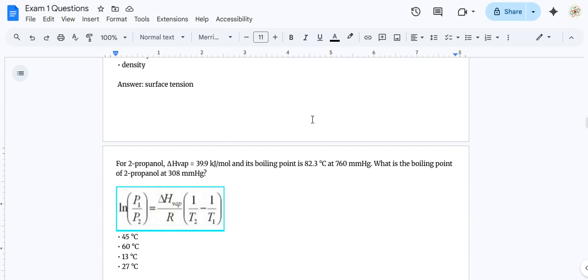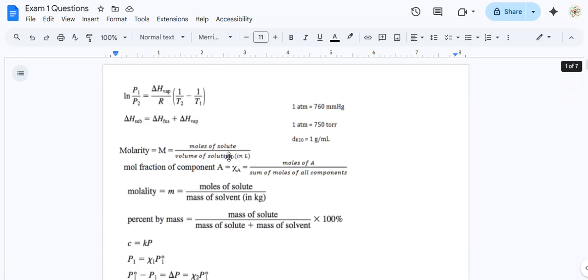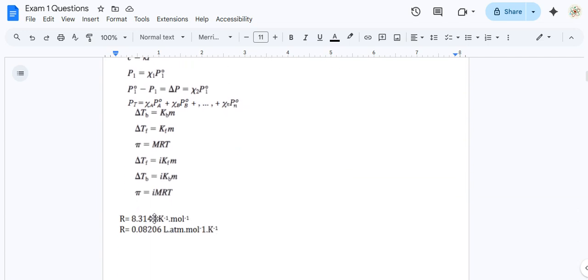I'm not going to work this question out with you, but what I would do is first convert this to joules per mole, because on the equation sheet, R is in joules over Kelvin times mole.